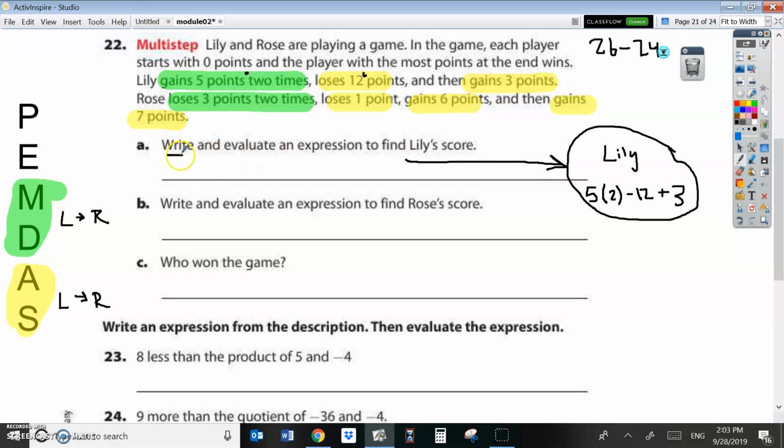Okay, so we wrote it, now we need to evaluate it. So 5 times 2 is 10, and then minus 12 plus 3. This is positive, that's positive, and this is negative, so it's really 13 minus 12, or 1. She has 1 point.